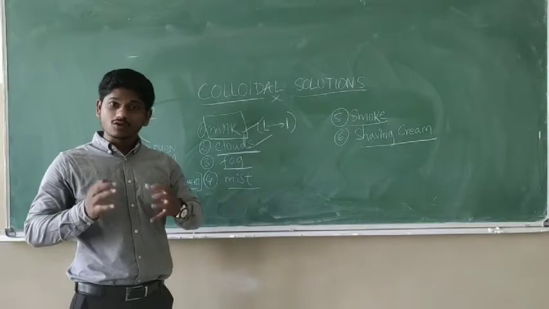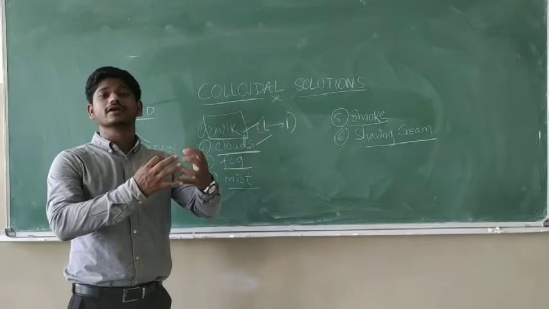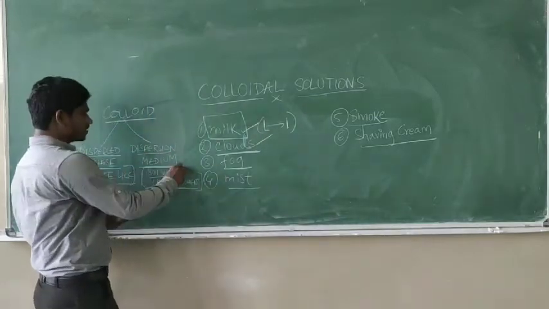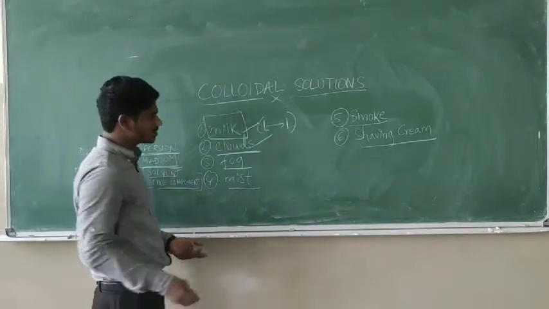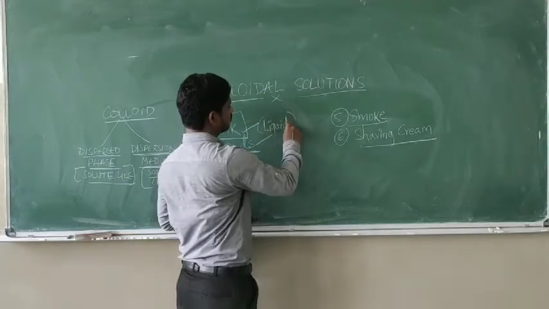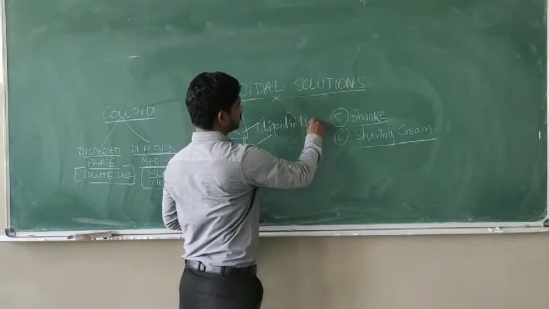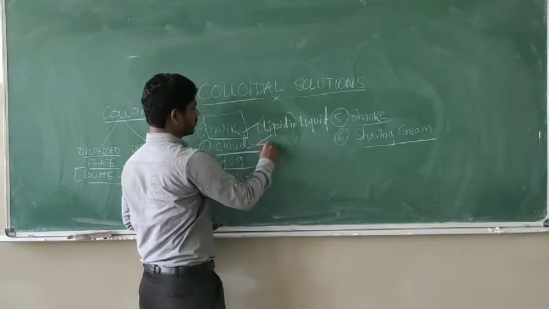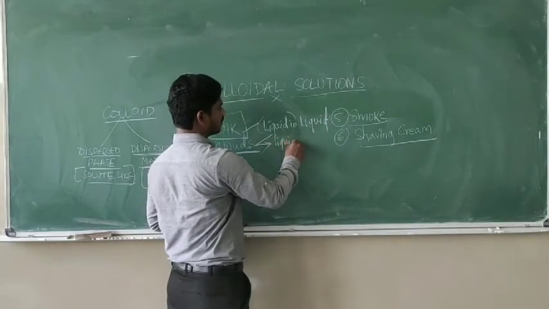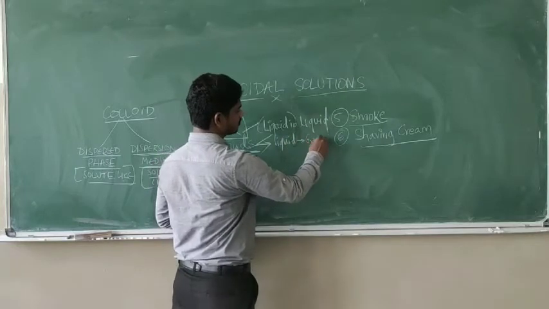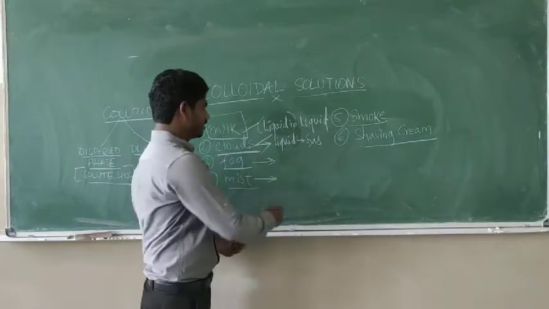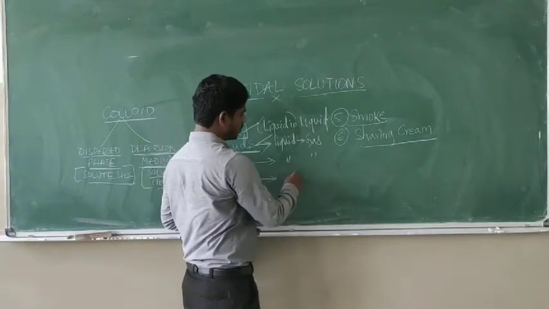You can say the water molecules are dispersed in gas, so gas is acting as a dispersion medium, just like a solvent. So I am going to write liquid in liquid for milk, and for clouds you can say the liquid is in the gas. Similarly, fog and mist are liquids present in gas.